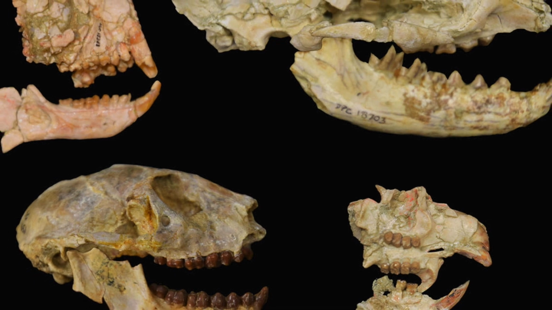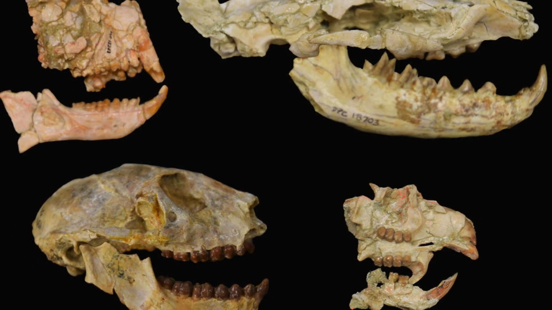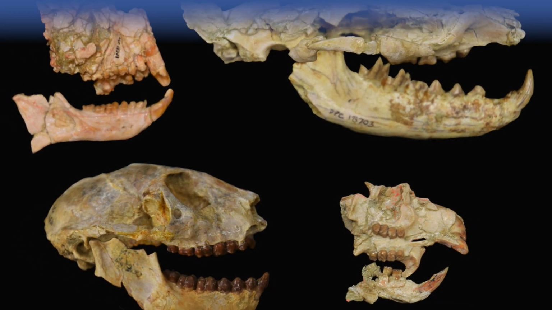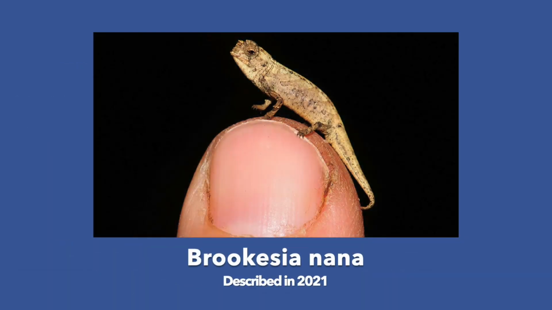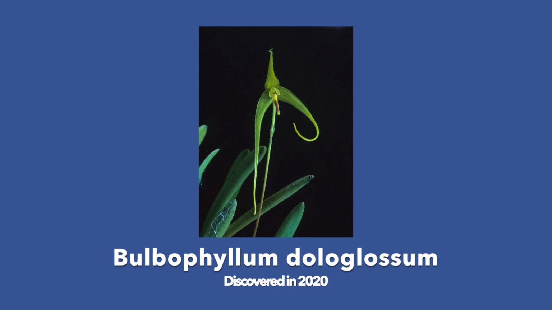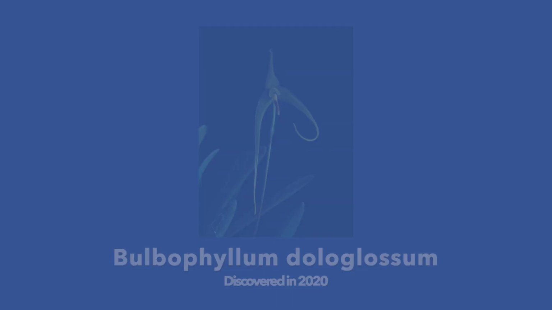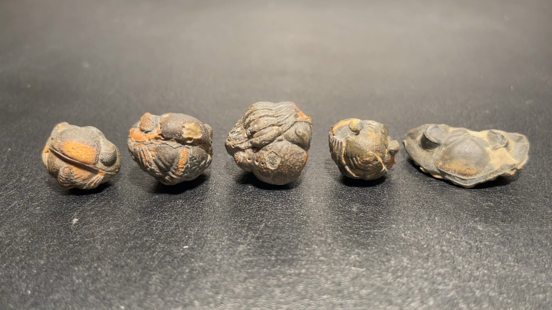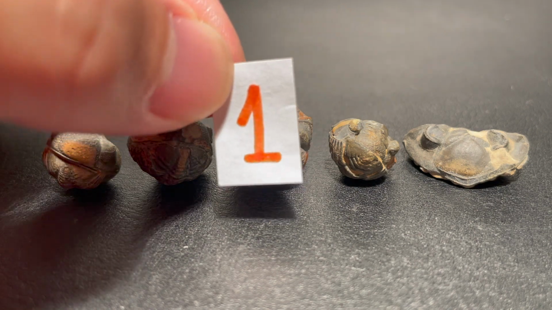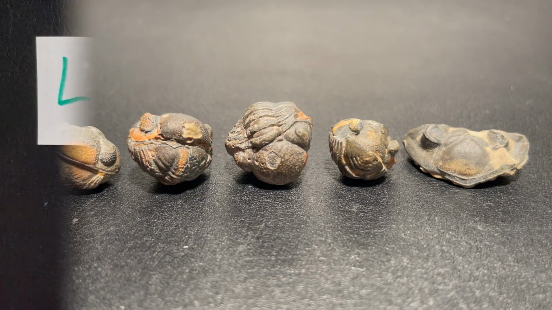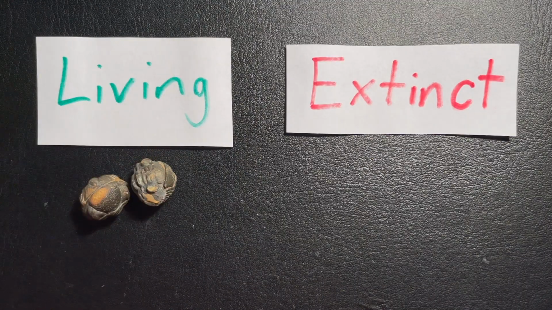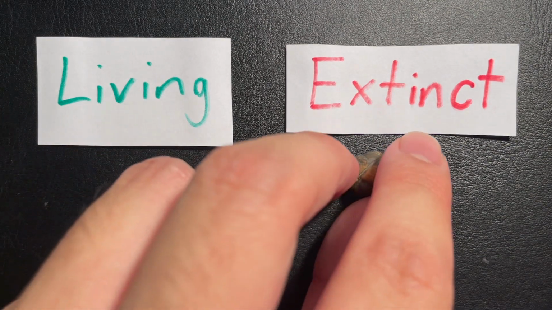The reason why extinctions are okay in the long run is because there's also a constant emergence of new species. Natural selection allows for organisms with unique traits to then be identified as a new species. To further illustrate this, let us take these trilobites. Let each of these trilobites represent one type of species. So let us say at a certain point in time, we have these two species living that then go extinct.